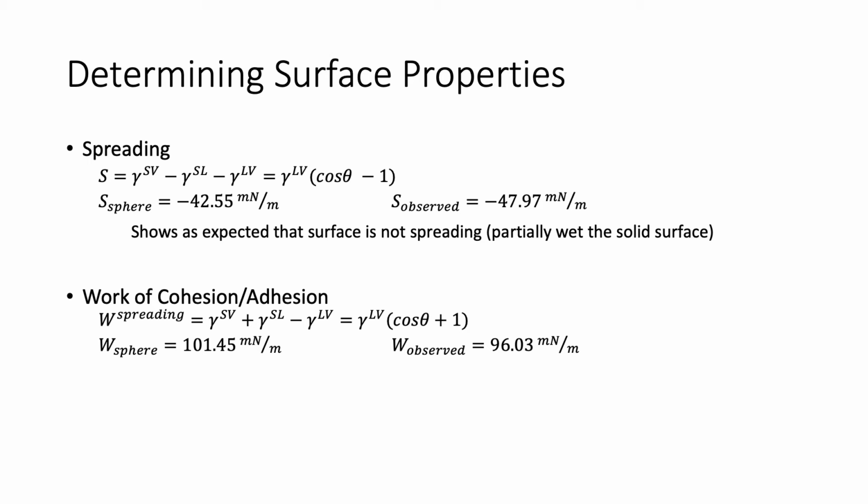And then we were able to further determine the work of cohesion/adhesion, which using the sphere method to determine contact angle was about 101.45 millinewtons per meter, and then the observed was 96.03 millinewtons per meter.